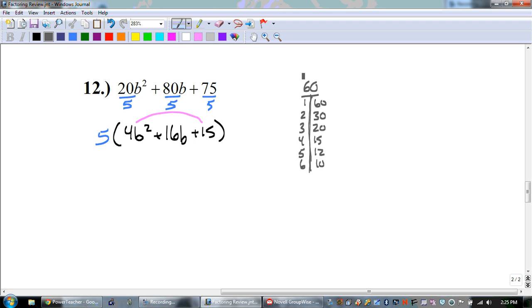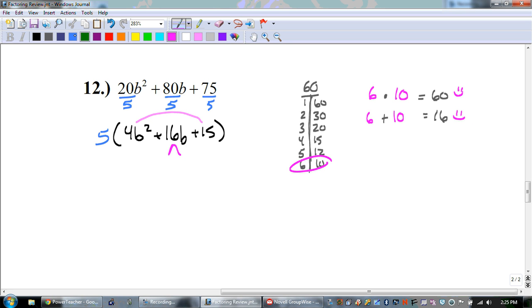Now, you don't have to do that step, but it's going to help you with this next part when you're looking for numbers that multiply to get to 60 and add to get to 16. Which one's that going to be? Yeah, you should have gotten 6 and 10. 6 times 10 gives us 60, and 6 plus 10 gives us 16.